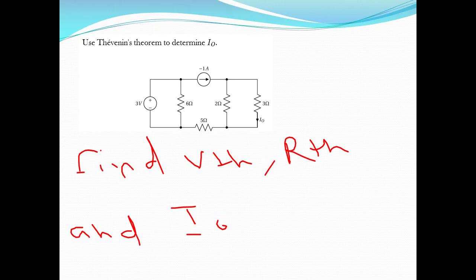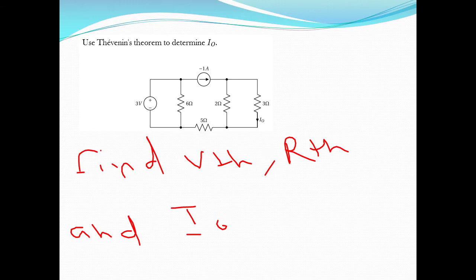So during this process we have to remember that the internal resistance of a voltage source is 0. So a voltage source is always short circuited and a current source is always open circuited.